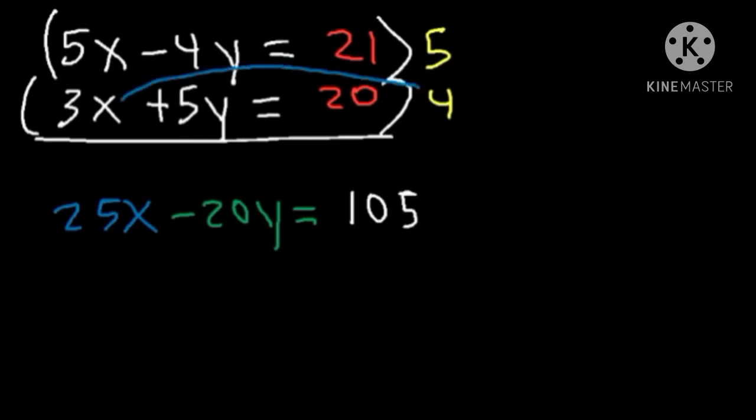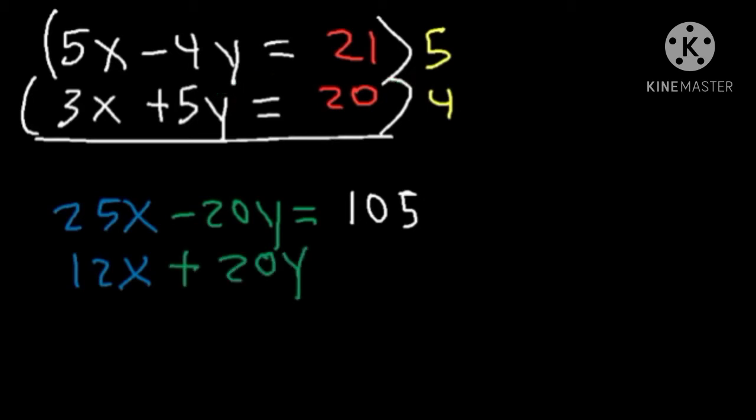Now 4 times 3x is 12x, and 4 times 5y is positive 20y, and 4 times 20: 4 times 2 is 8, so 4 times 20 is 80.